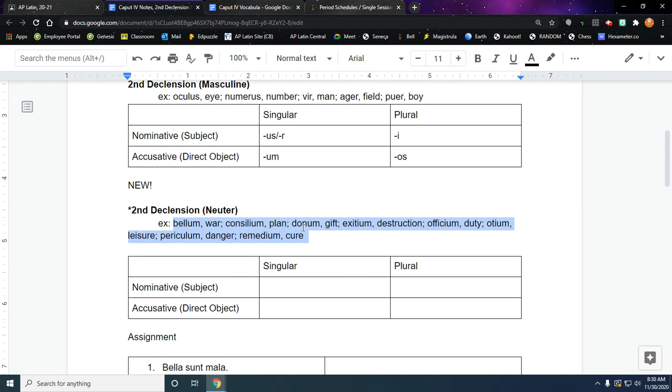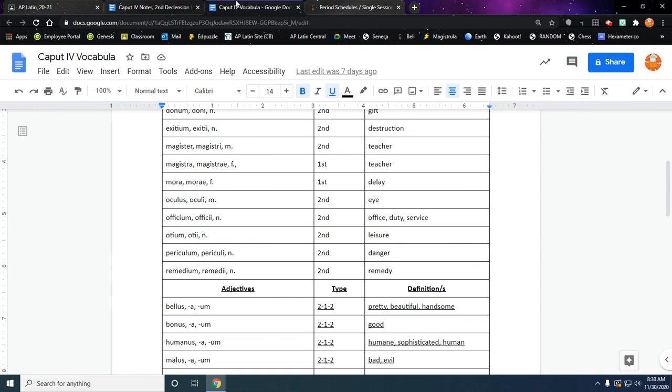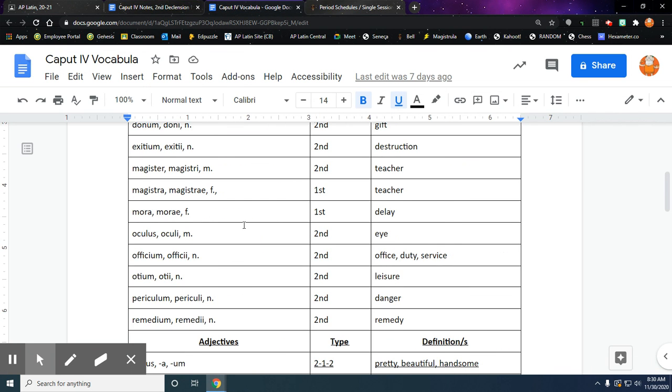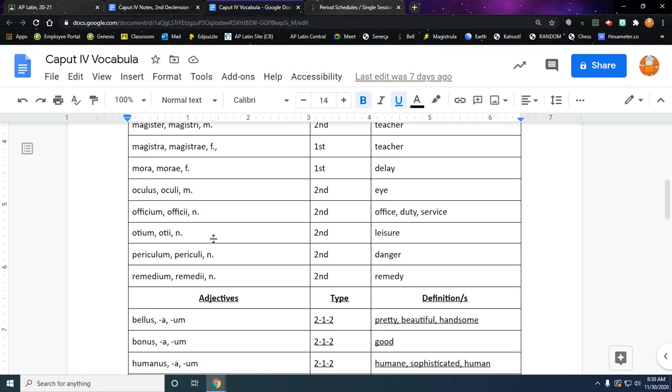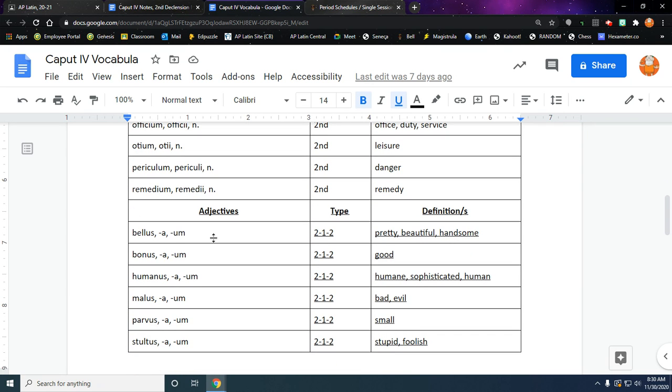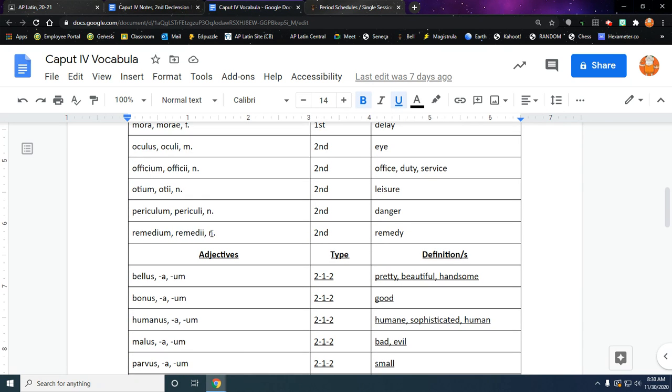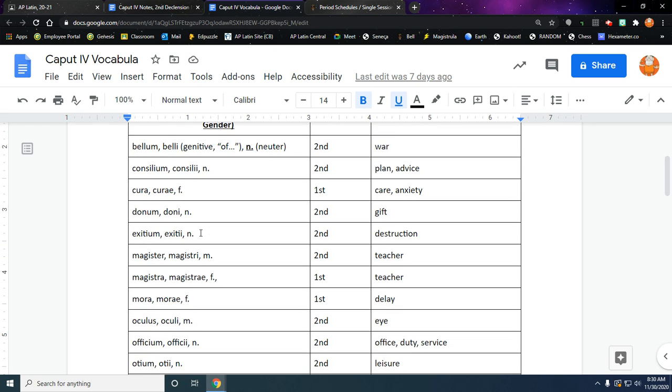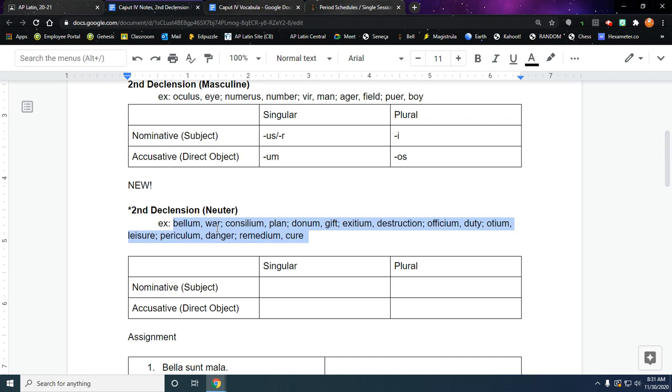I believe I've listed every second declension neuter noun that's on the chapter's vocab list, which we covered last week, I believe. All right. So you can tell that they all end in UM. That's how you can tell you're dealing with a second declension neuter noun.